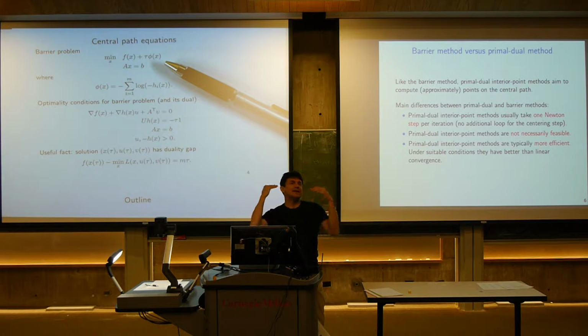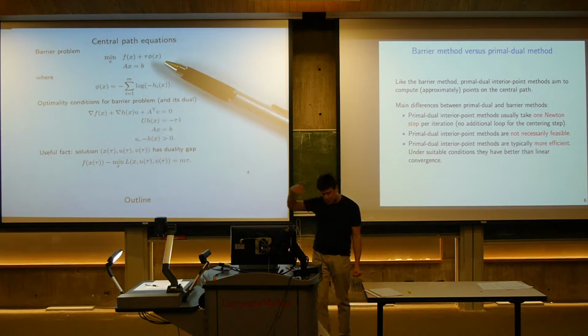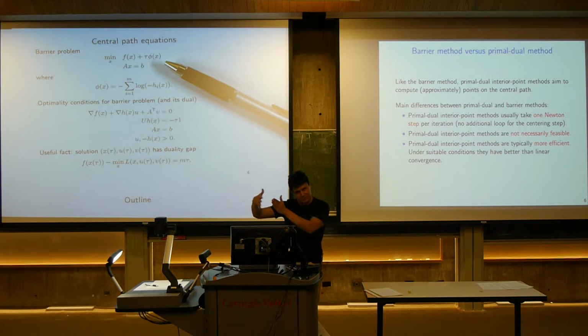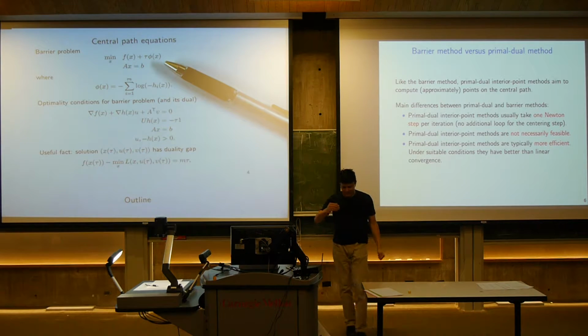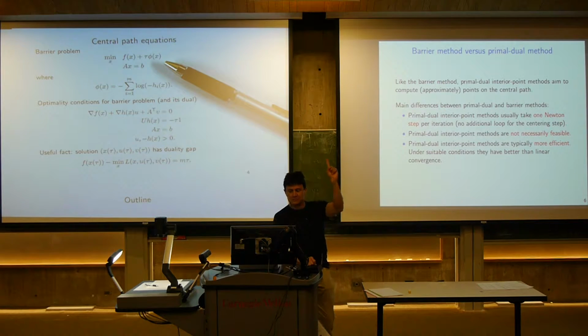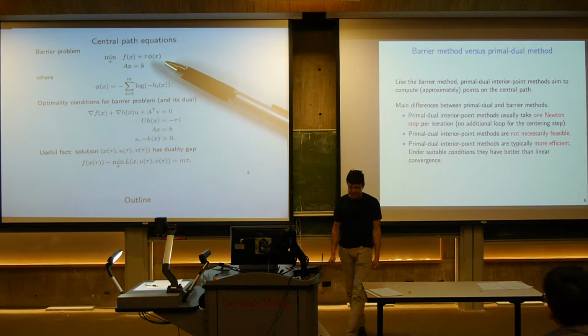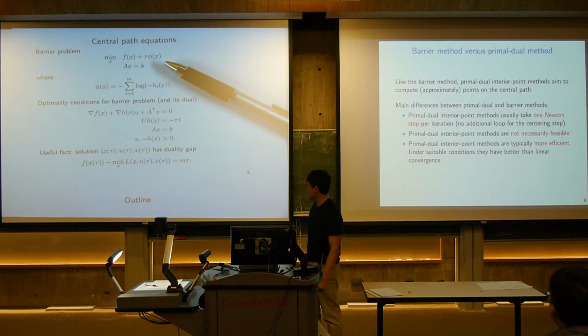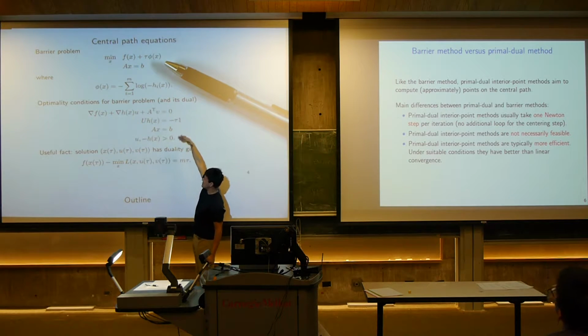In principle, each time you pick one of those barrier problems, you're going to apply Newton's method to solve it sufficiently accurately. By contrast, each main iteration of primal-dual methods is only going to use one Newton step. Primal-dual methods are not necessarily going to be feasible, meaning that we will not necessarily satisfy any of these constraints.